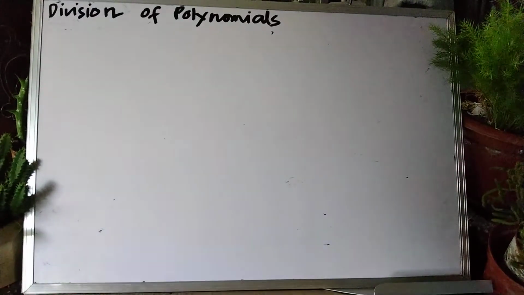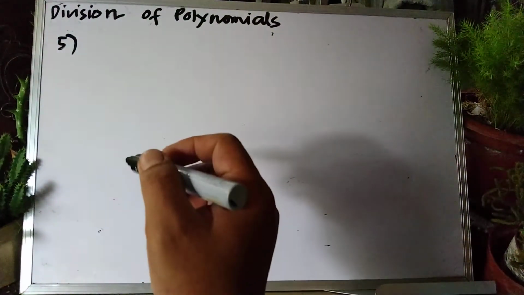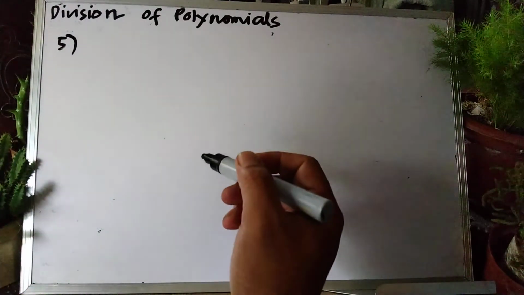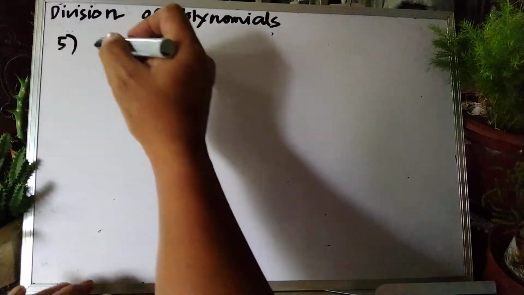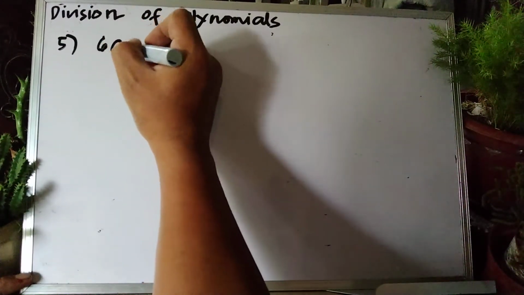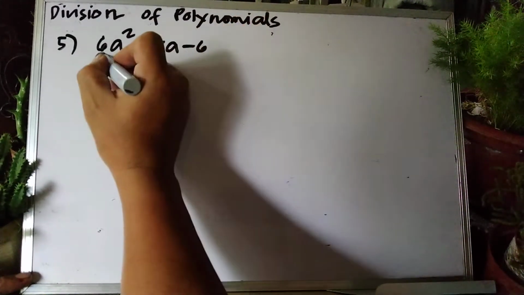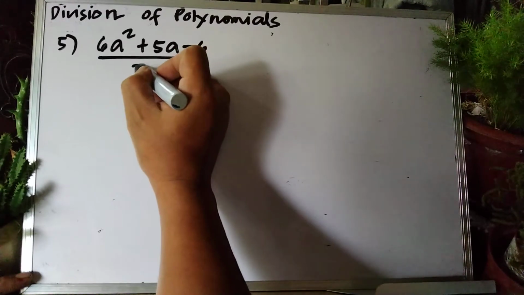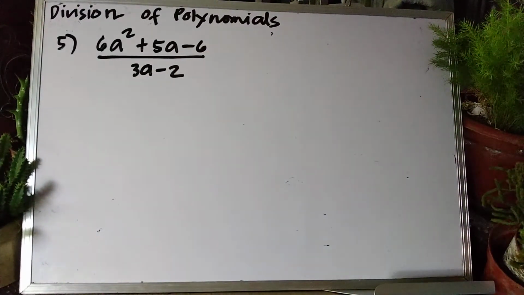Okay. Example number 5. Okay, we have here 6a squared plus 5a minus 6 all over 3a minus 2. Okay. So, find the quotient.